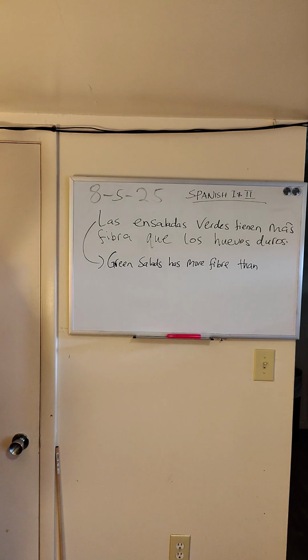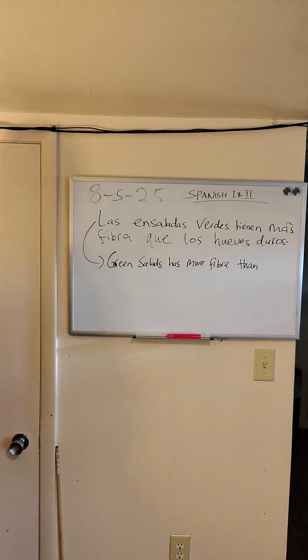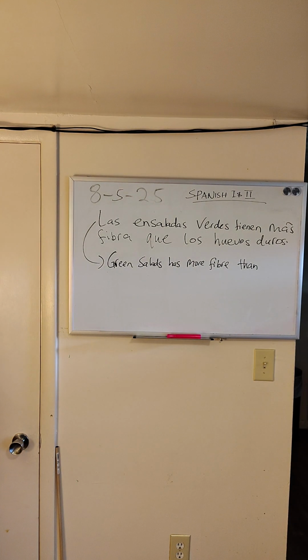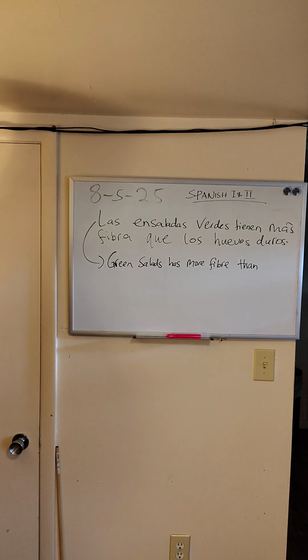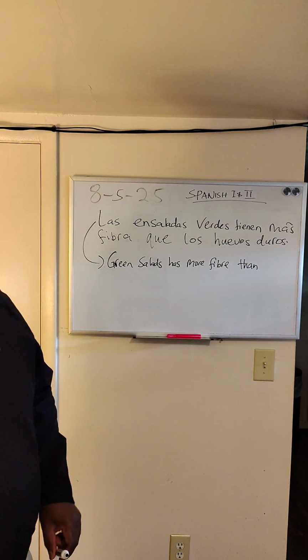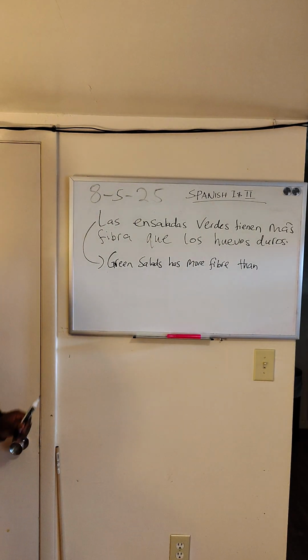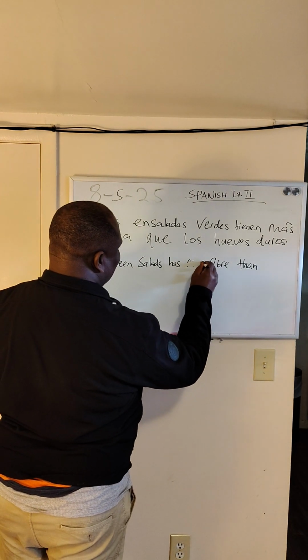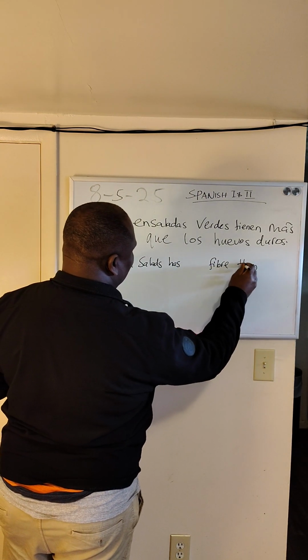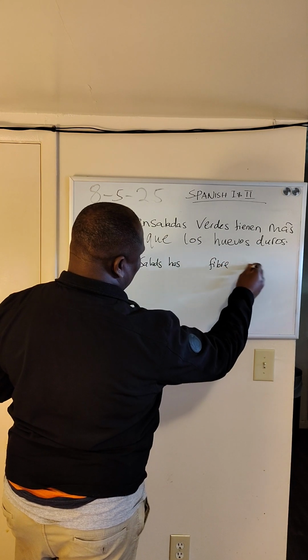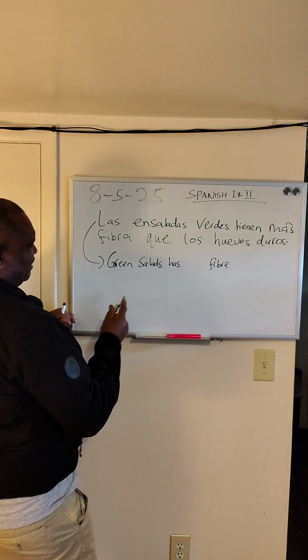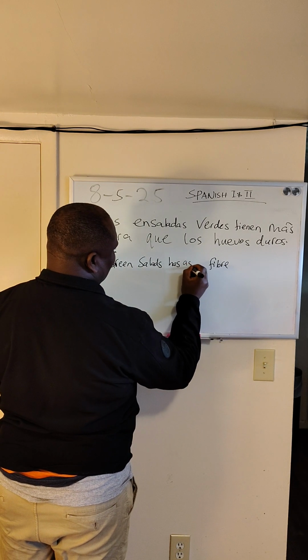So now the fiber in the green salad is the same compared to the fiber in the boiled egg. So now our statement should be: green salads have as much fiber as hard eggs.